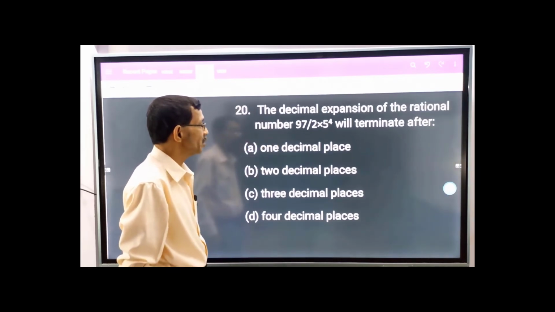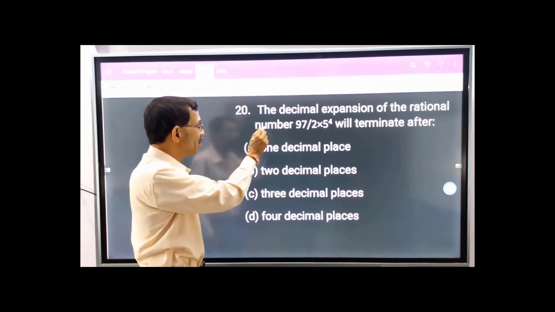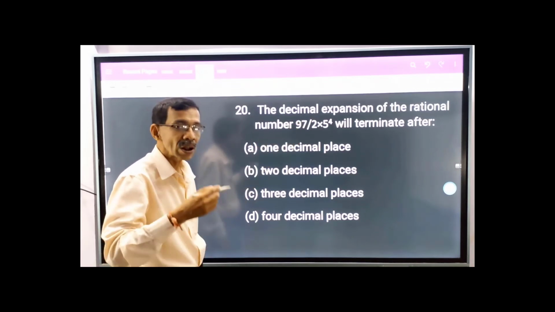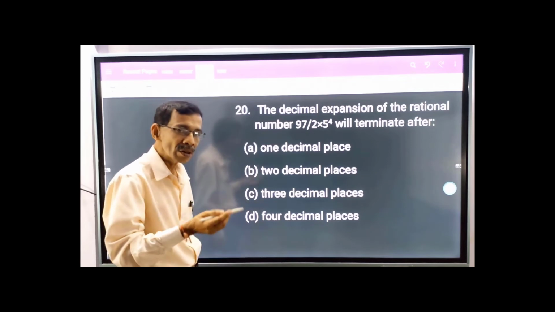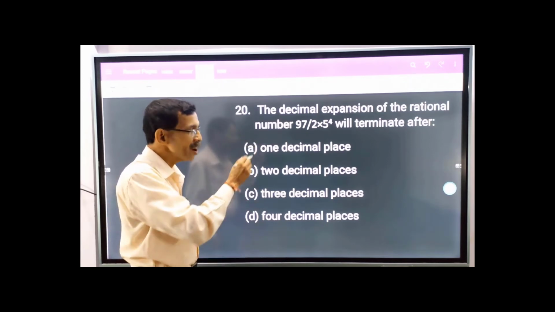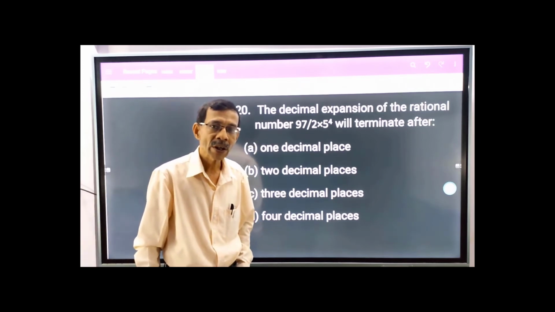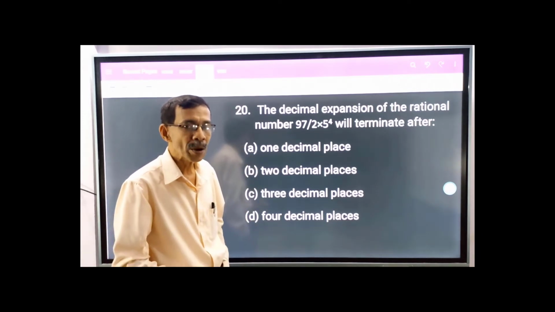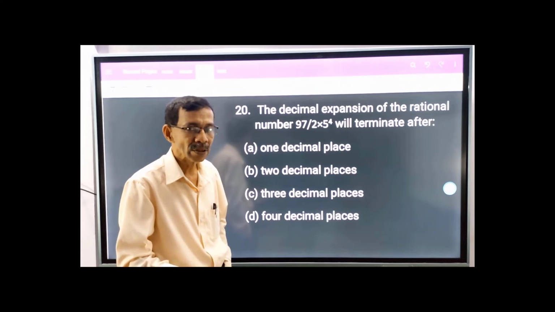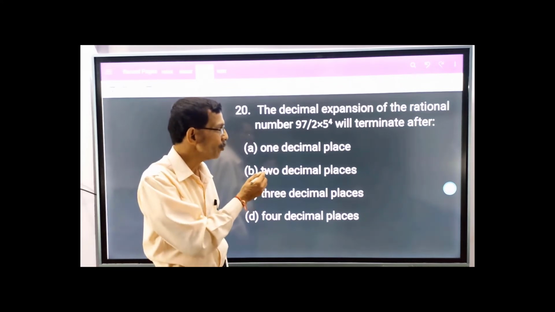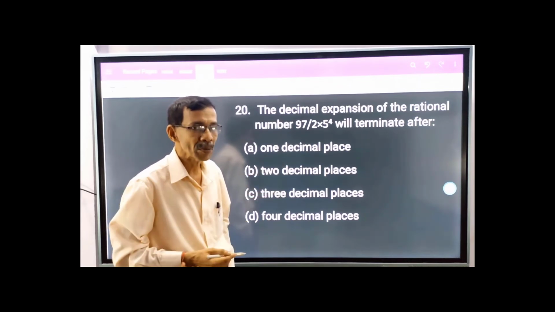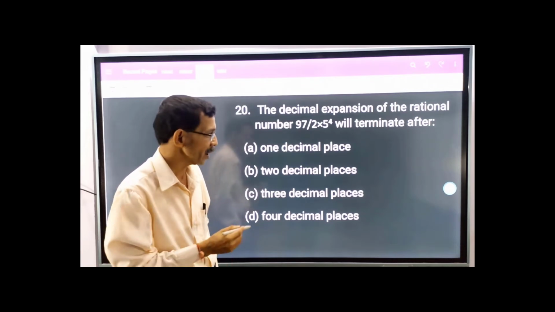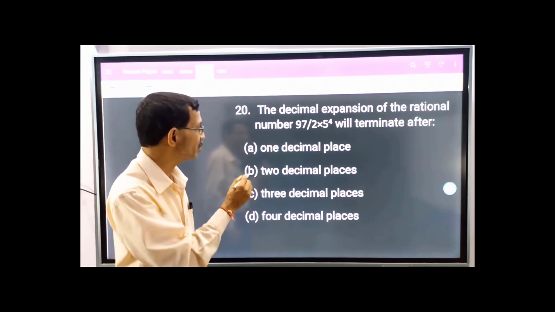Now, the decimal expansion of the rational number will terminate after how many decimal points? Again, same question. We have to express the denominator into 10 raised to n type, and depending upon the number on the index, you can very well tell how many decimal places it is getting terminated. So let me start with this.